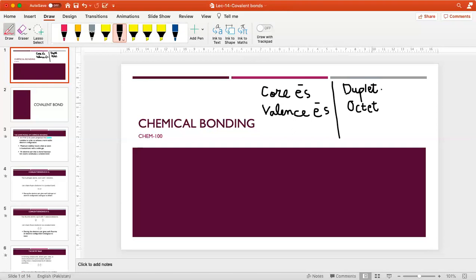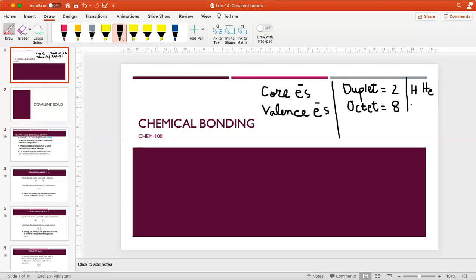The maximum capacity to hold electrons in the shell known as the duplet is 2. Hydrogen and helium are the two elements which work on duplet. Octet means 8.